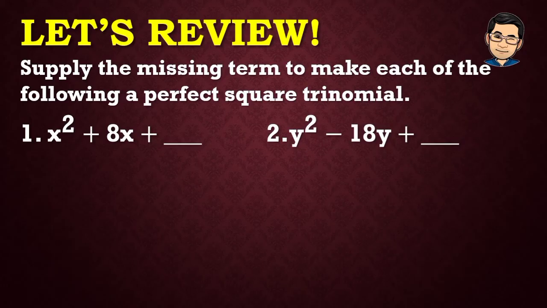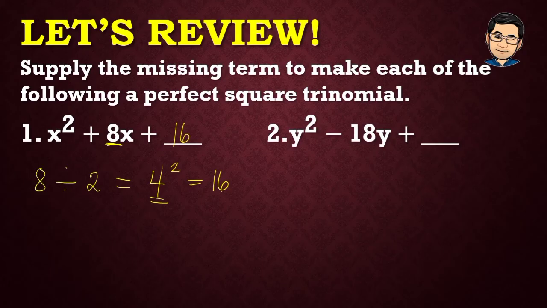The process is like this. We get the numerical coefficient of x, which is 8, and divide it by 2. 8 divided by 2 is 4. Then we square the quotient: 4 times 4, or 4 squared, is 16. So 16 is the term we are looking for.